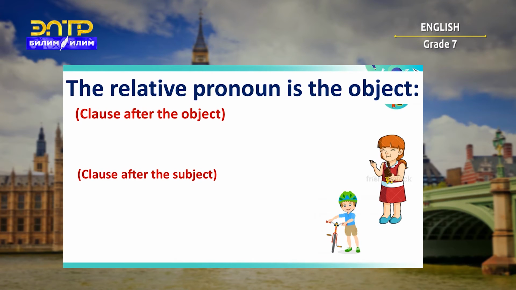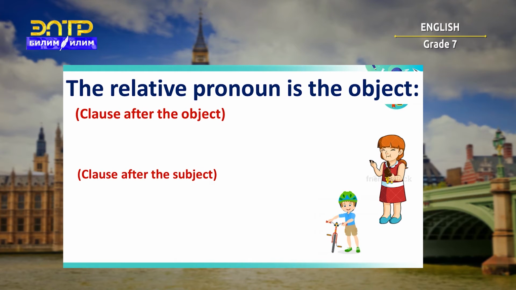Next, let's talk about when the relative pronoun is the object of the clause. In this case, we can drop the relative pronoun if we want to. Again, the clause can come after the subject or the object of the sentence.